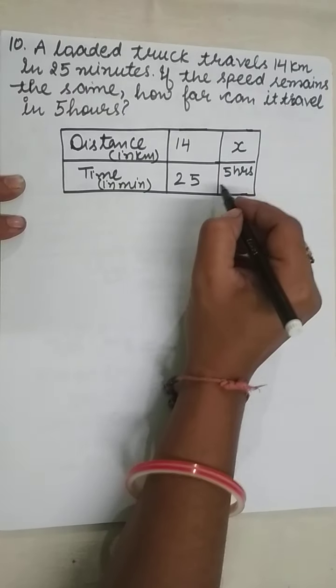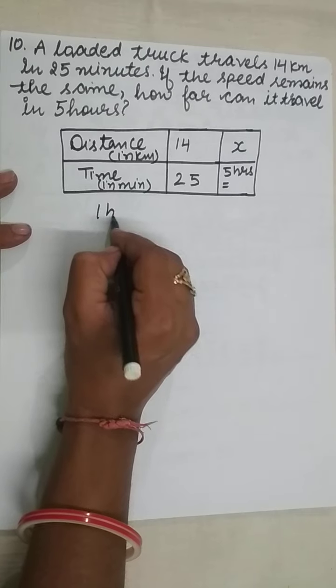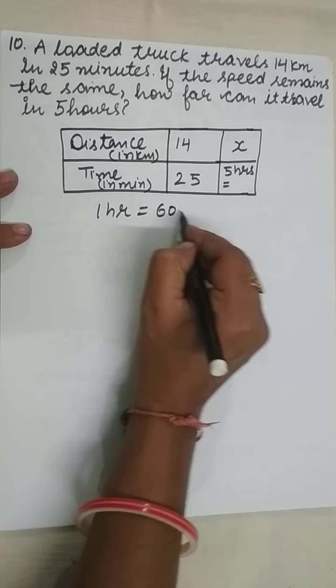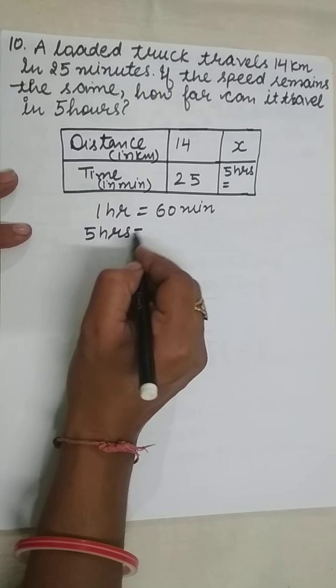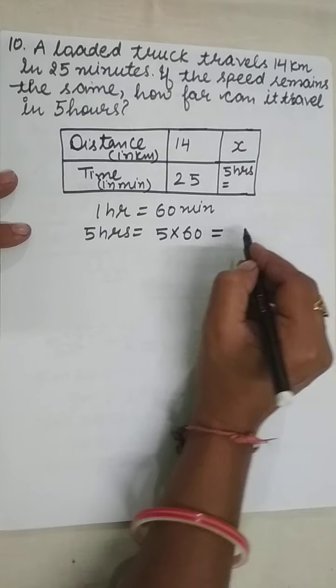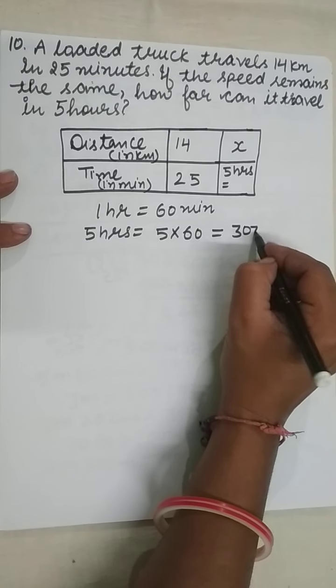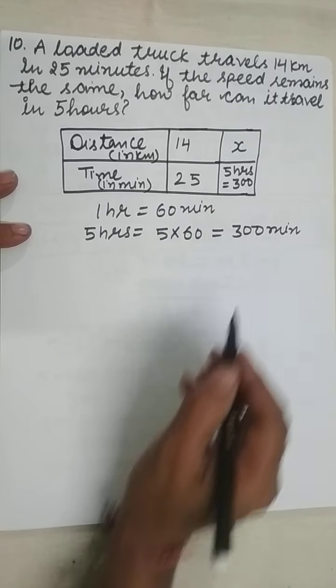Here I will take it as x. As we know that in 1 hour there are 60 minutes, so in 5 hours it would be 5 multiplied by 60. 6 5s are 30. It means 300 minutes.